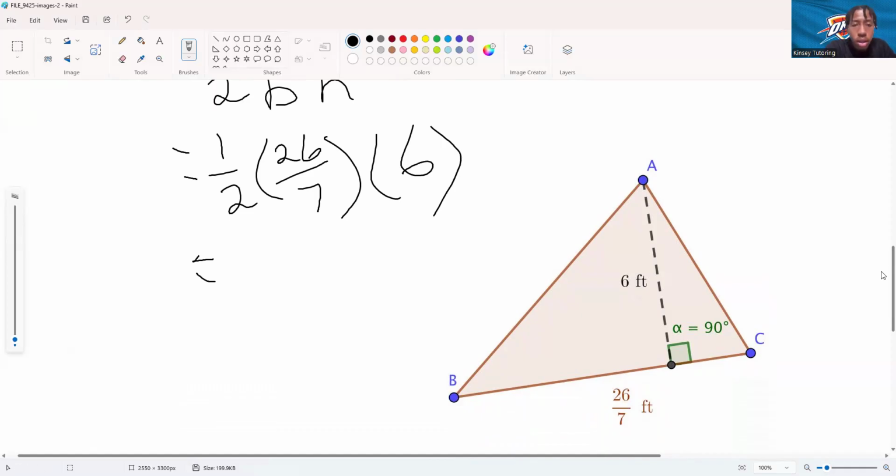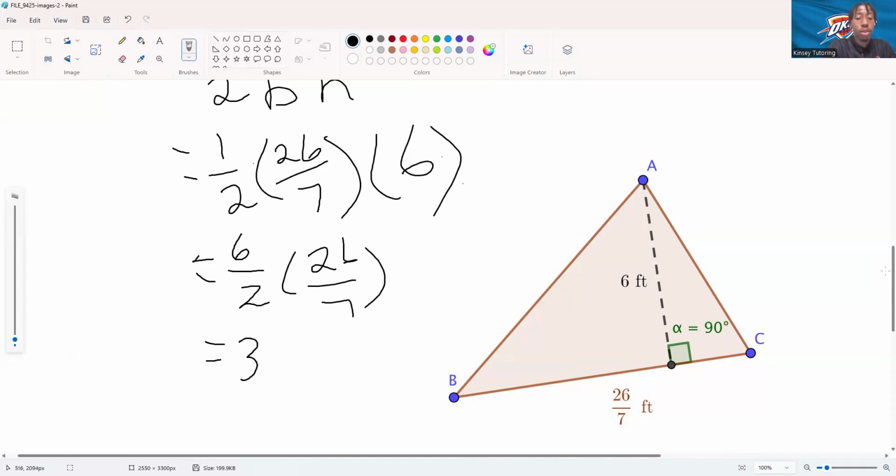Okay, and then we just multiply across, right? So what we can do is 6 times 1/2, right? So 6 times 1/2 is 6 over 2, and then times 26 over 7. 6 divided by 2 is what?